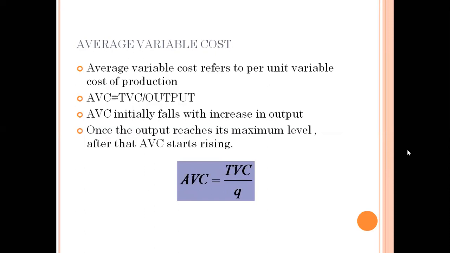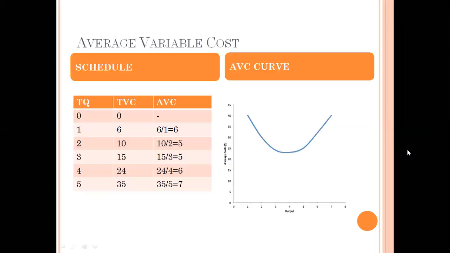Then tell me what will be the average variable cost? That will be per unit variable cost, which means 500 divided by 10, that is 50. So that will be average variable cost. Now just look at the diagram. TVC is given to you, quantity is given to you, average variable cost will be downward sloping, first coming to its minimum and then making a U-shaped curve.